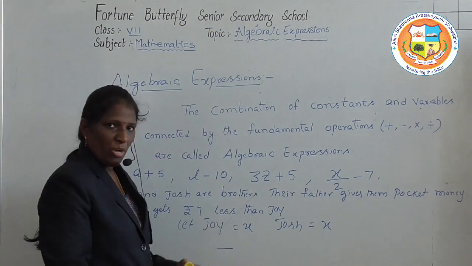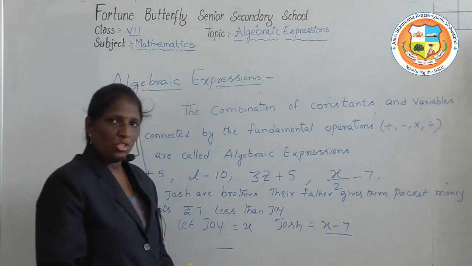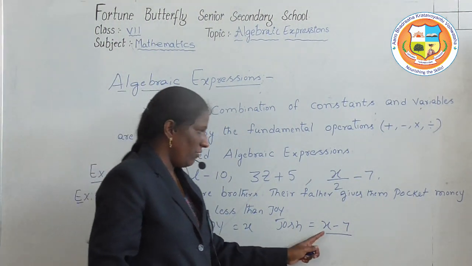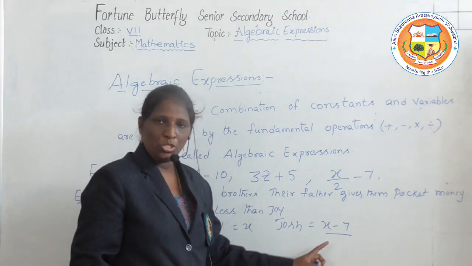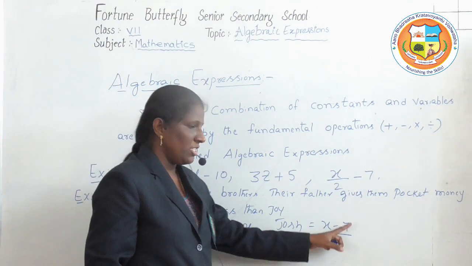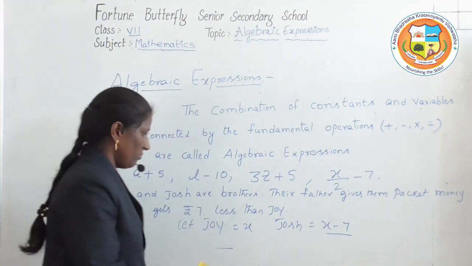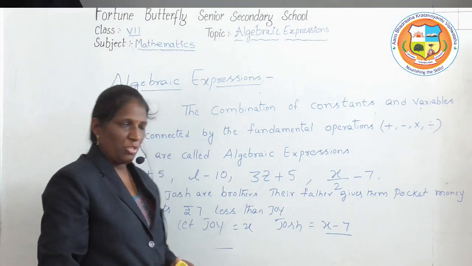Less than means minus 7. This x minus 7 is an algebraic expression. Here x is a variable and 7 is a constant. These two terms are combined by the operator minus. That's why this x minus 7 is an algebraic expression. Okay, this is one example of an algebraic expression.